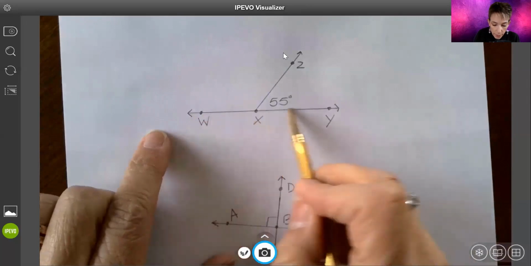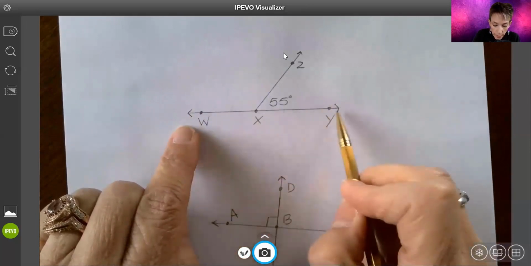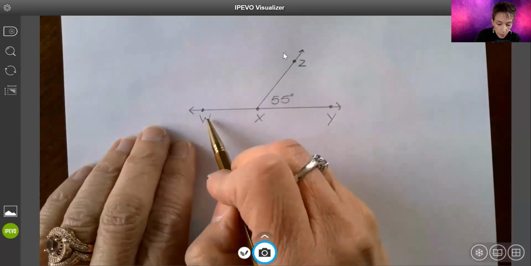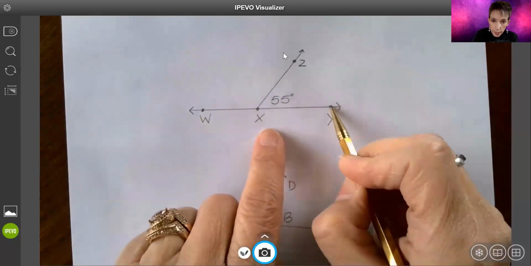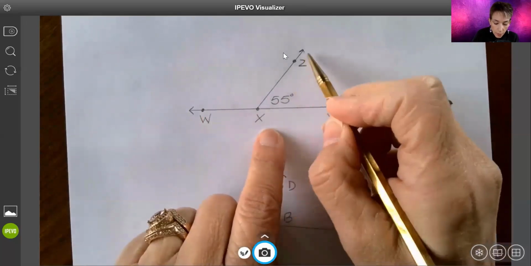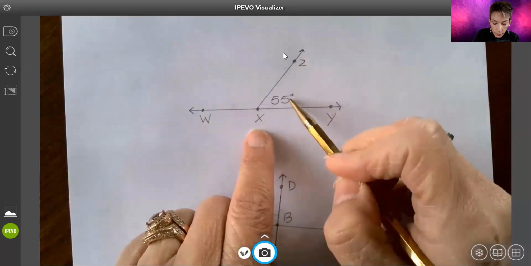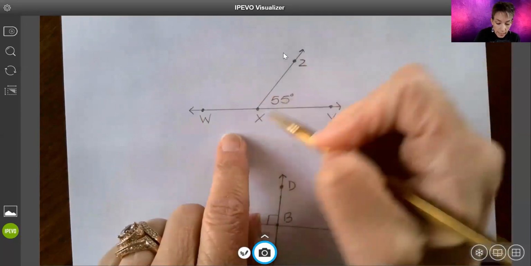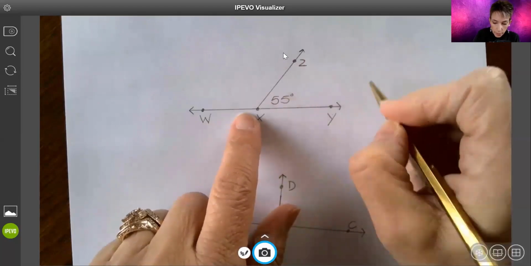Once again, we have a straight angle. We know straight angles equal 180 degrees. We also know that these points, W, X, and Y, are collinear points. So if I know that the measure of angle ZXY is 55 degrees, I can determine the measure of angle ZXW because I know together they are 180 degrees.